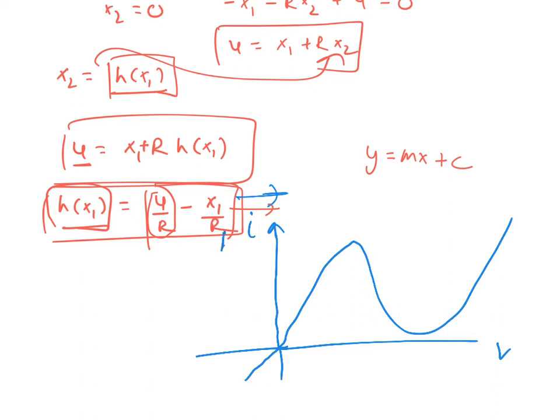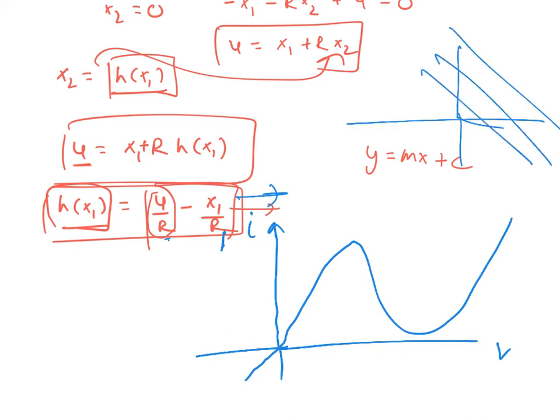How much tilted that line is given by 1 by r, so if r is constant, then slope is constant, no problem. And what is c? Do you guys know what c is in a straight line? In y equals mx plus c, c is the intercept, right?